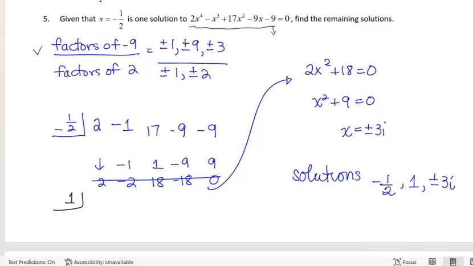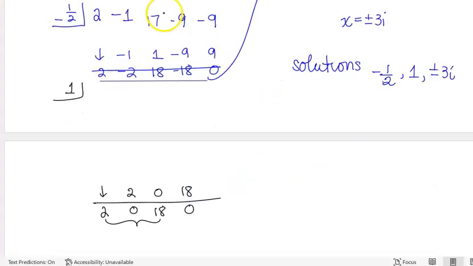Using synthetic division, first testing with -1/2, I get my lower-degree polynomial at the bottom. Then I continue testing. I choose the easy one, choose 1.